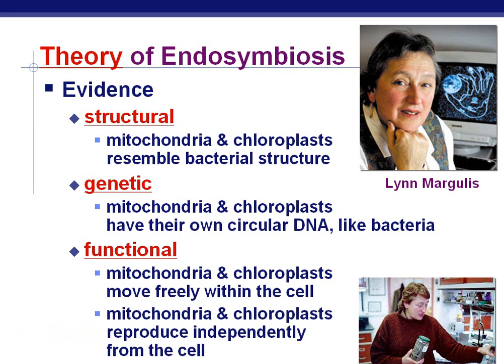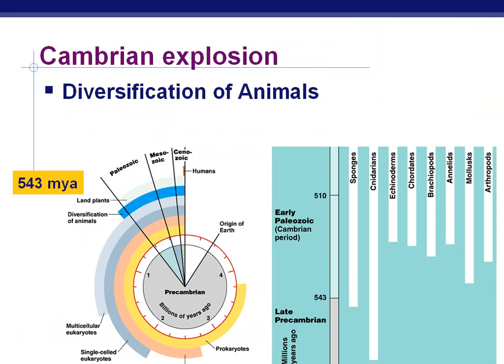So skipping ahead, how did we get this vast diversification of animals then? If we understand how eukaryotes came about, and we understand that it was the photosynthetic prokaryotes, the cyanobacteria, that allowed the eukaryotes to evolve, what about this huge diversification of animals?